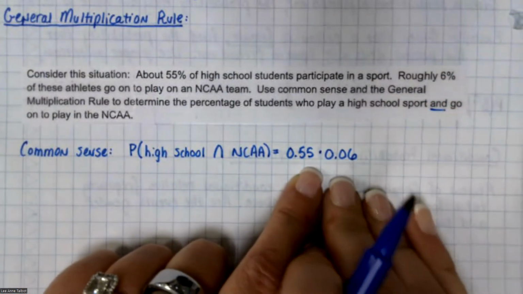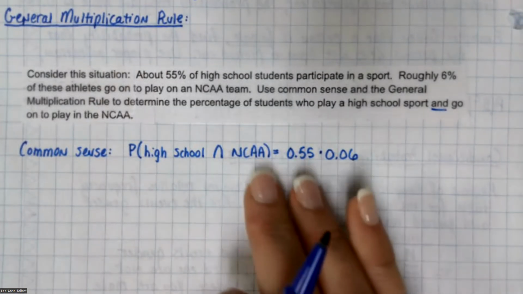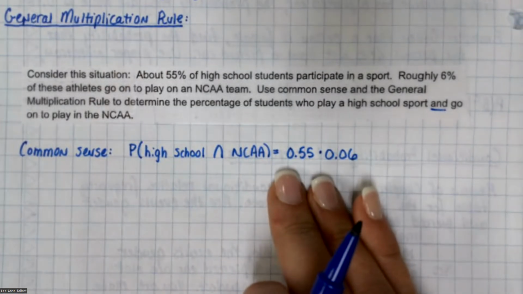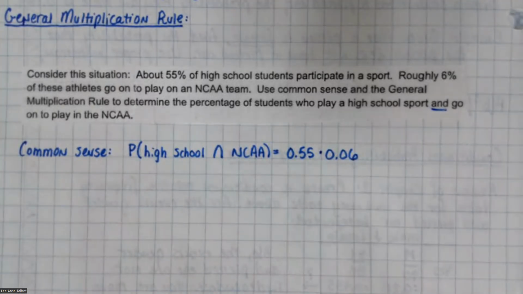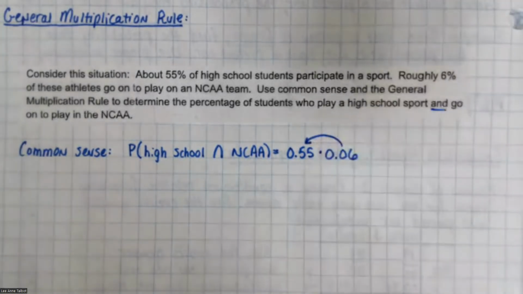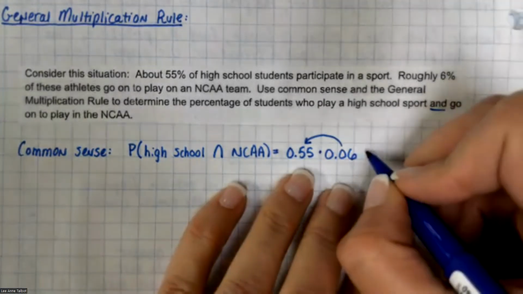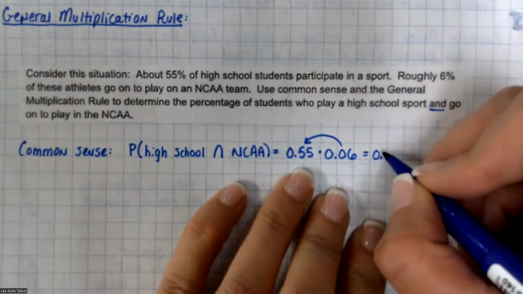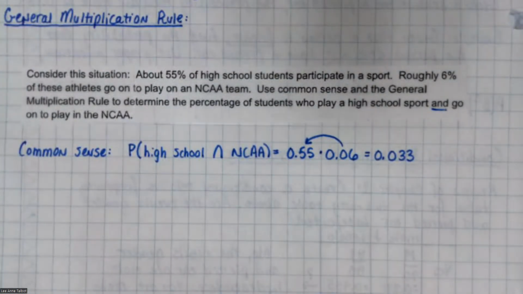This general multiplication rule is common sense. It just means that you say the word of. So 55% of students play a high school sport, and 6% of those. Do you see how this 6% is dependent on the 55%? This comes out to be 0.033. So only 3%, 3 out of your 100 students will actually go on to play in college.